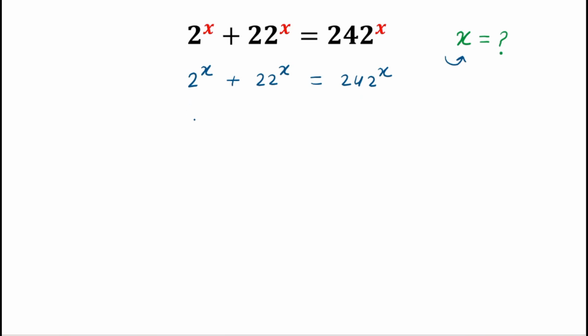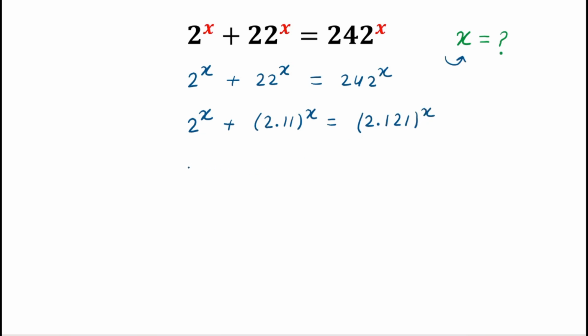Look carefully, here 2^x plus, and we can write this 22 as (2 × 11)^x, this is equal to, and this 242 we can write as (2 × 121)^x.